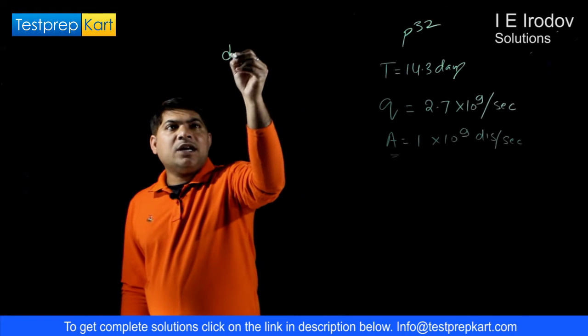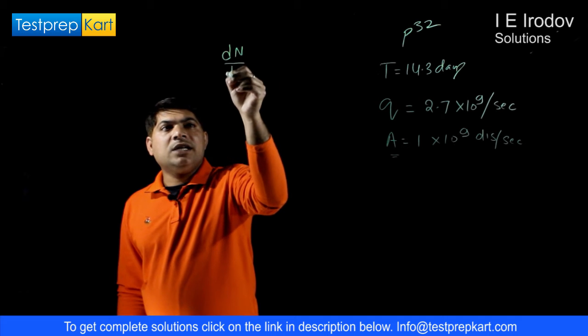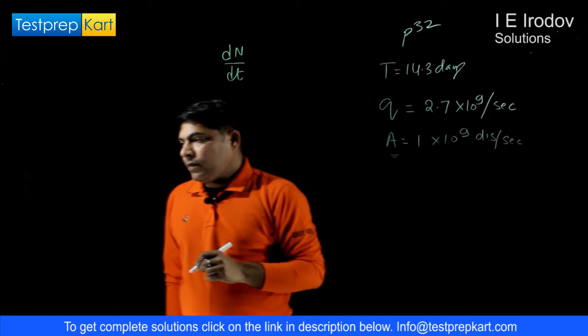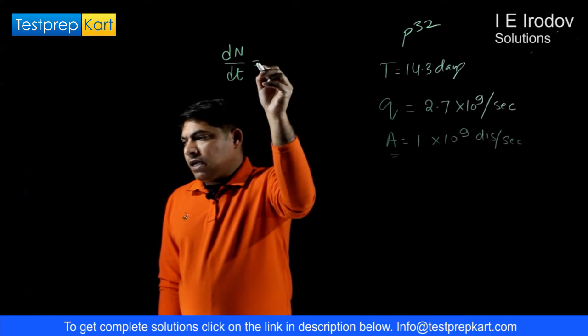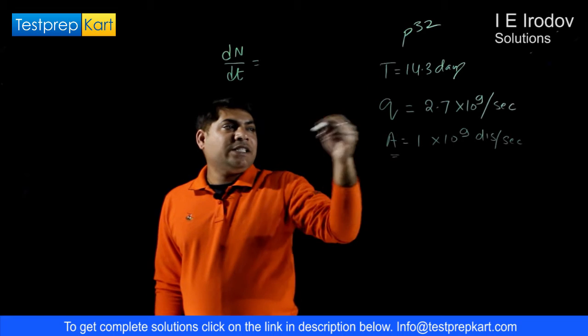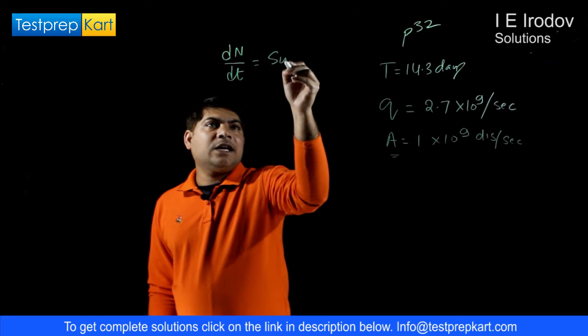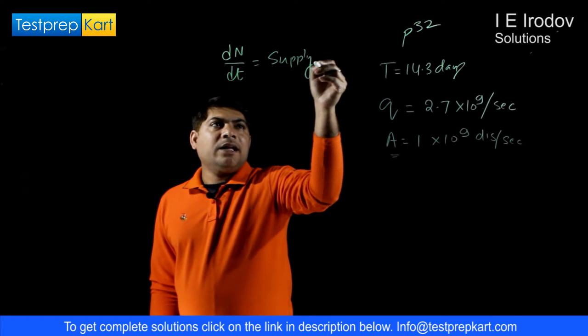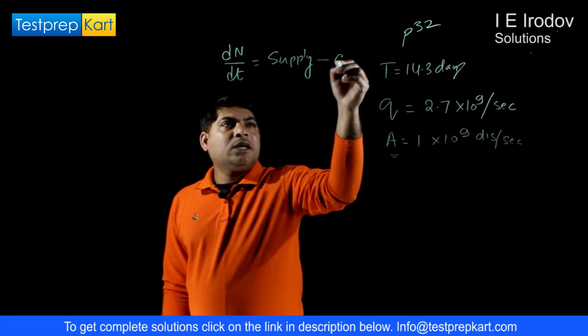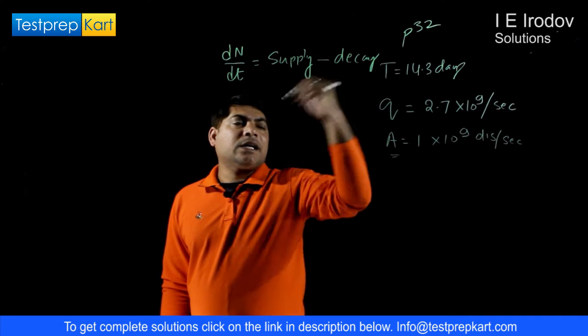This rate of production can be written as dN/dt, and it must equal the supply rate minus the decay rate per second.